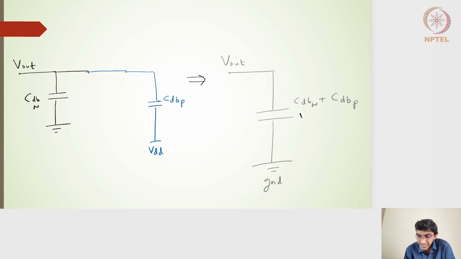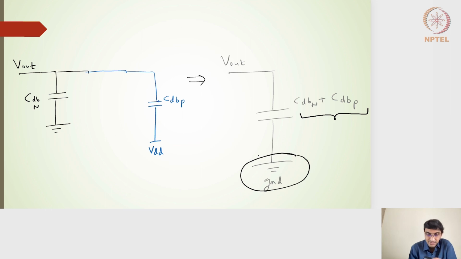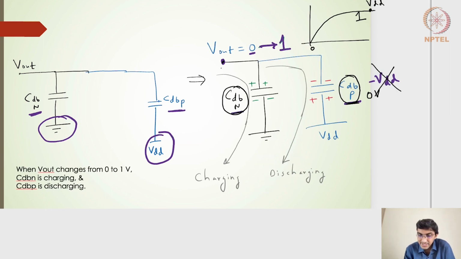In fact, effectively we can consider both the capacitances to be in parallel with respect to the ground, because effectively we are supplying the same kind of charges on both sides. If I go back to slide number 7, you will see that the moment the output voltage goes higher, it is providing positive charges.